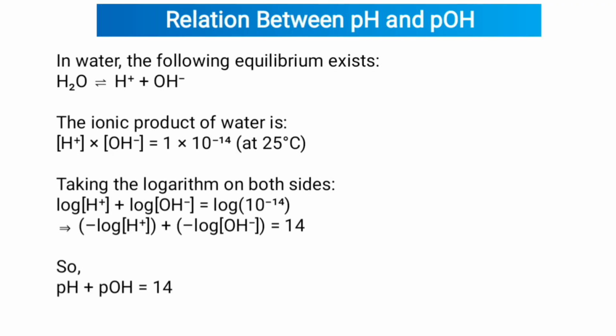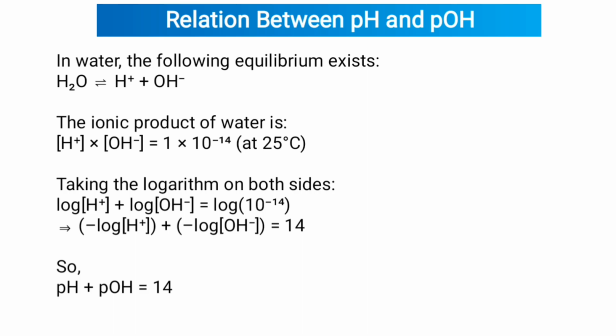Relation between pH and pOH. In water, the following equilibrium exists: H2O reversibly gives H+ ion plus OH- ion. The ionic product of water is the concentration of H+ multiplied by the concentration of OH- is equal to 1 multiplied by 10 raised to the power minus 14 at 25 degrees centigrade.